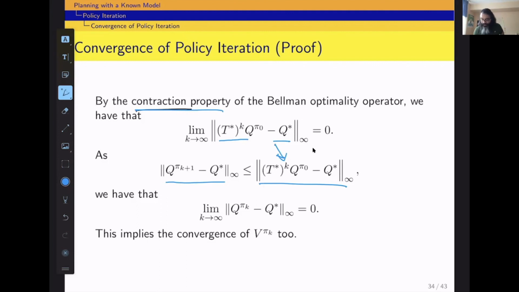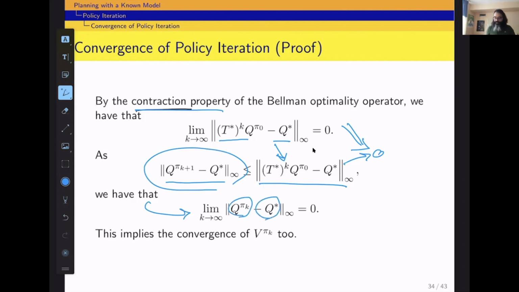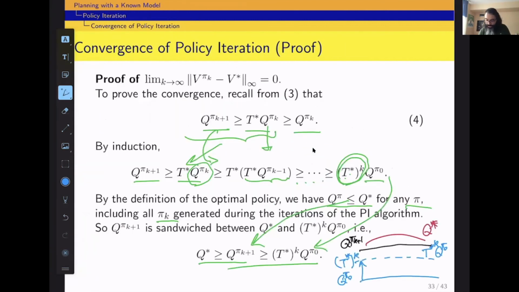So this goes to 0 by this step. So Q pi k plus 1 and Q star should also go to 0. The upper bound of this is going to 0, so this should go to 0. So basically, we have proved that the limit of k going to infinity of the distance of Q pi k with Q star should go to 0. So that's what we wanted to show here, that Q or V goes to 0.